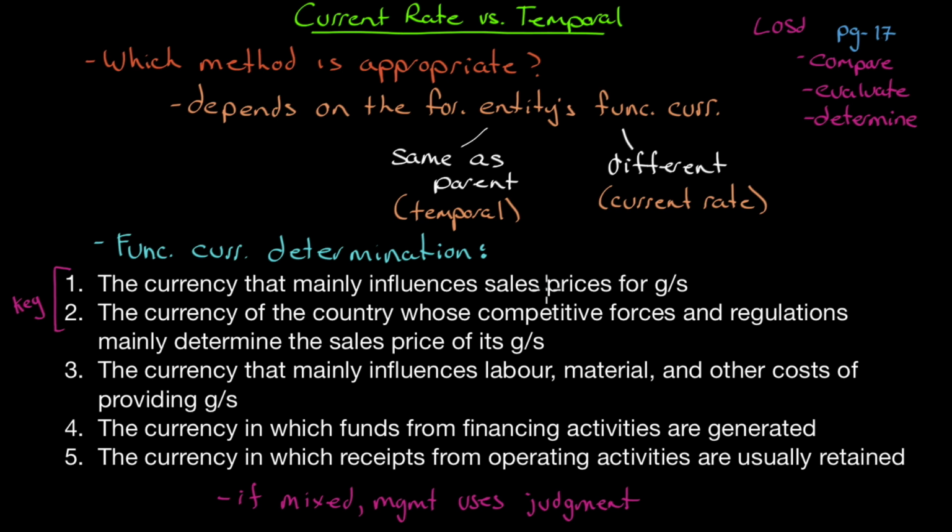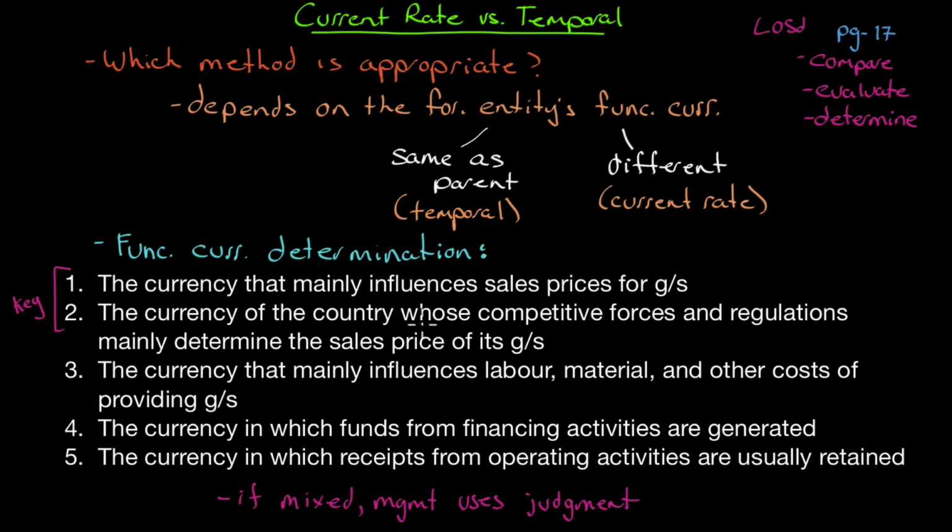Being that everyone pays in Canadian dollars, you kind of have to set the price in Canadian dollars as well. As opposed to, if you set it in American dollars, you'd run into the situation where everybody coming to the game would be paying a different price all the time, depending on where the exchange rate was. How could you sell season tickets? So, being that number 1 is probably right for the Toronto Maple Leafs, right away we're leaning towards the Canadian dollar being the functional currency.